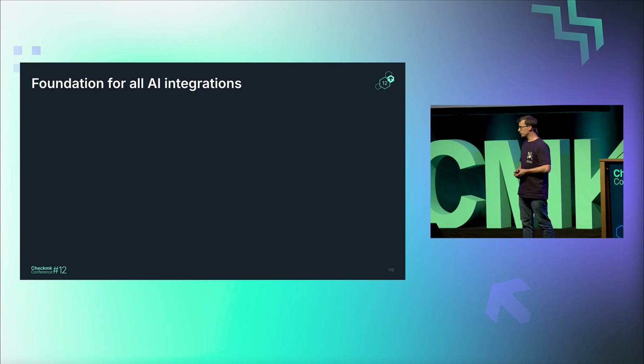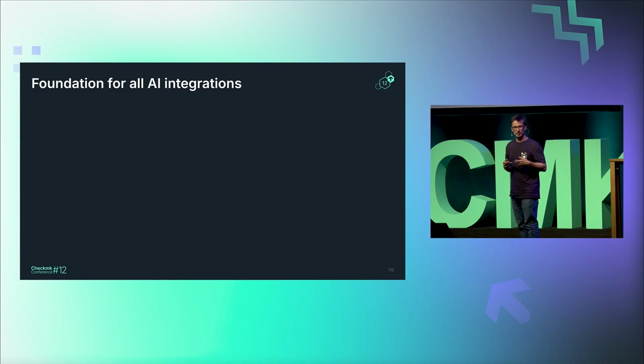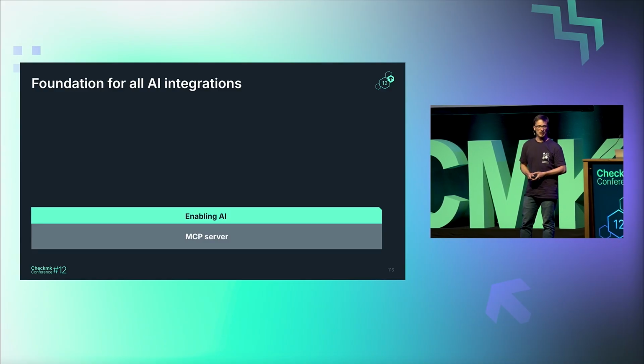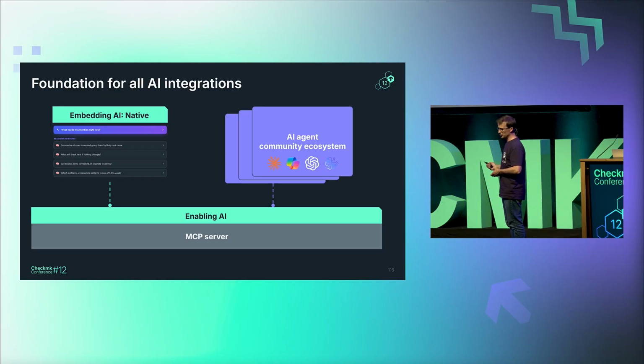So with Checkmk 3, the idea is that we build a foundation with that MCP so that we can enable your AI use cases. So that will be, as said, the MCP. We will build our features on top. So what I've shown in the demo will be based on that system, and we open that up essentially to your own AI systems.